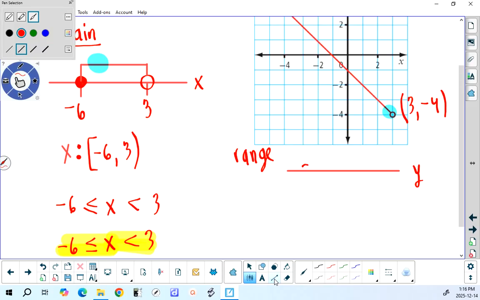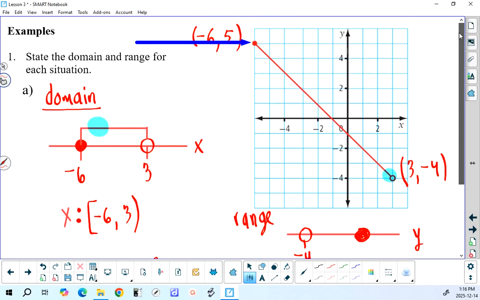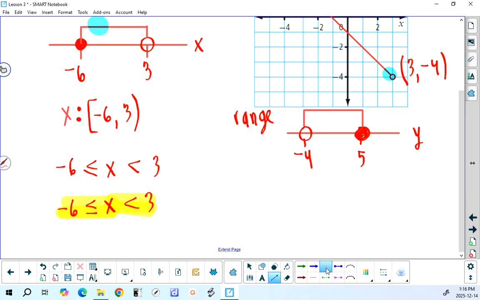I put the smallest value of y, which is -4, to the left. I put the largest value of y, which is +5, and I connect these two, but I use an empty dot for -4 because y is never at -4, and a solid one for 5.